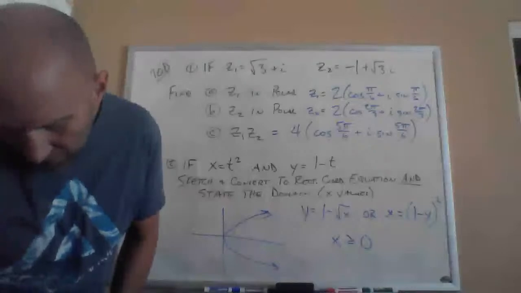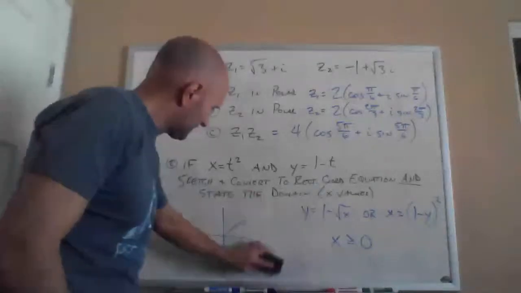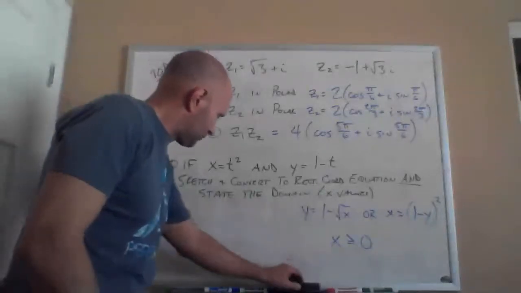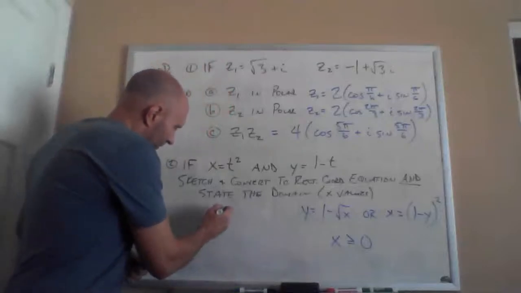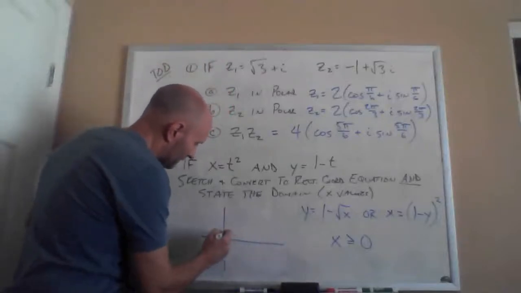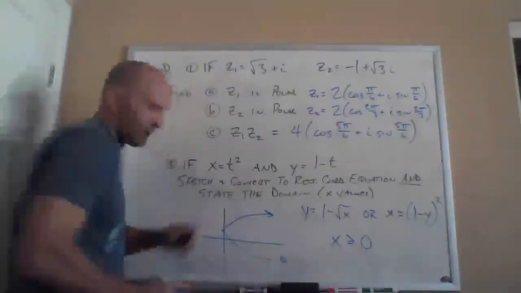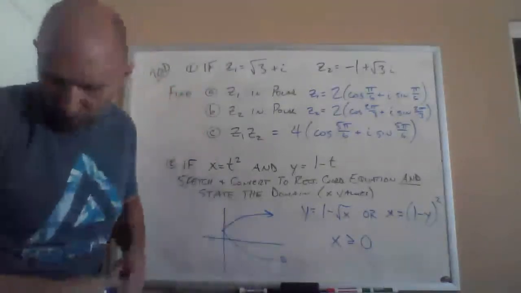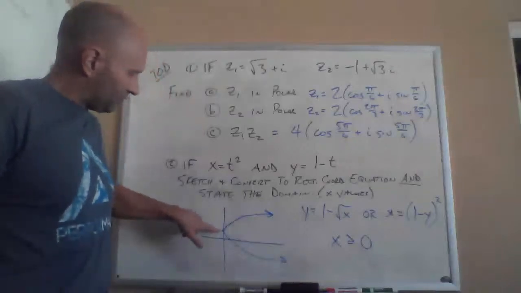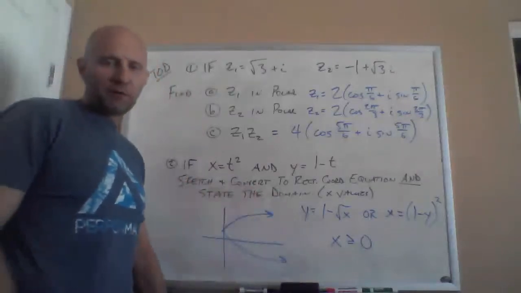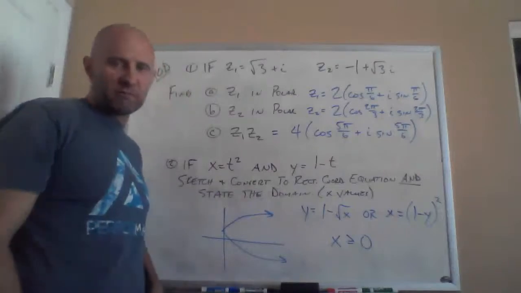Maybe I sketched it wrong. Oh, it is. Sorry. Yeah, so it is shifted up 1. I drew the picture wrong for you guys there. So yeah, the vertex is at 0, 1. Sorry about that. Thank you, Jay.